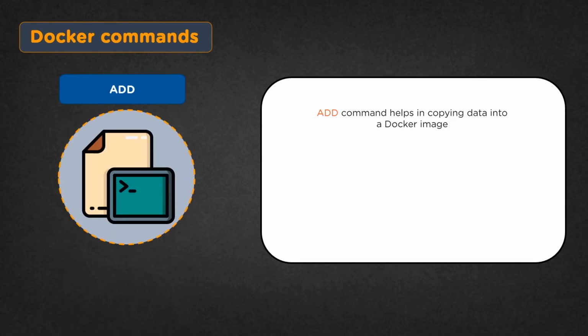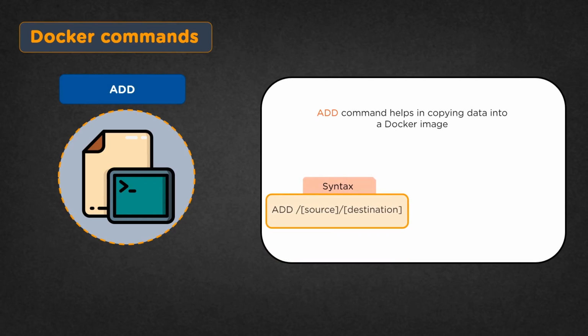Now add is an attribute which is available in the Docker file, which is primarily used to transfer the files from the host machine inside the Docker image. Now let's say that you are trying to prepare your own custom Docker image. Apart from the dependencies, you need the source code also, right? So the source code needs to be transferred inside the Docker image, and for that reason we can use the add attribute.